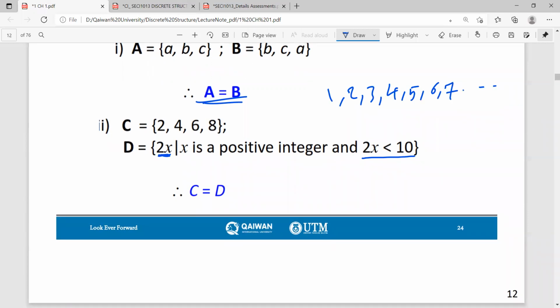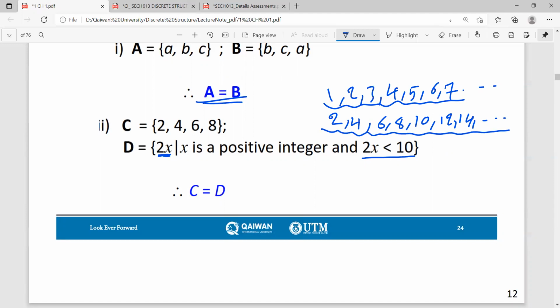D is the set of 2 times x, where x is a positive integer. We are going to multiply each of these integer numbers by 2. If we multiply each of these elements by 2, we get 2, 4, 6, 8, 10, 12, 14, and so on. What's the set of these elements which are less than 10? We have only 2, 4, 6, and 8.